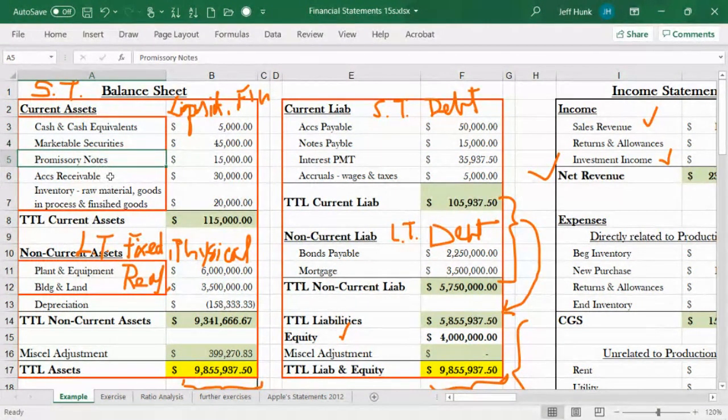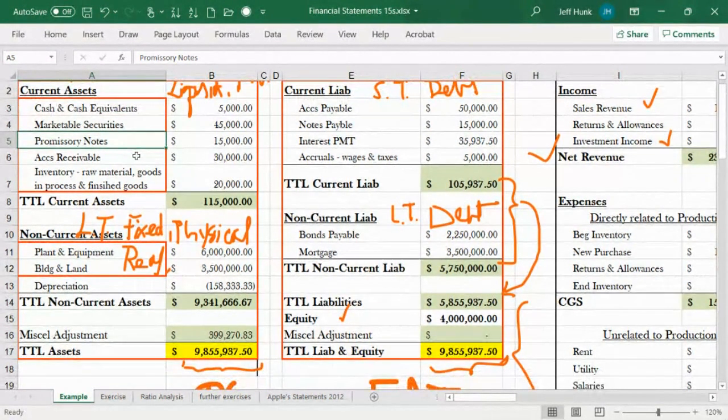Now, promissory notes. Promissory notes are part of accounts receivable, but I separated them for a good reason. Literally, it means a note of promise that you are going to pay money.